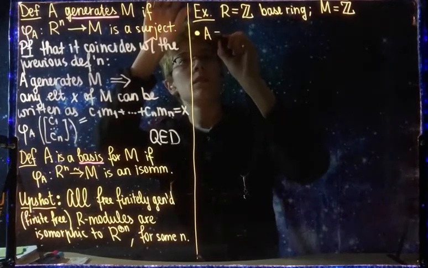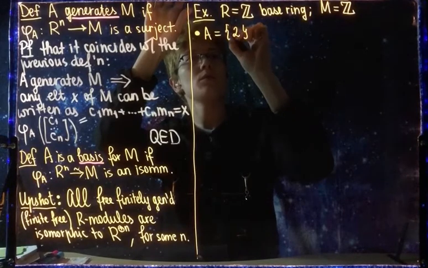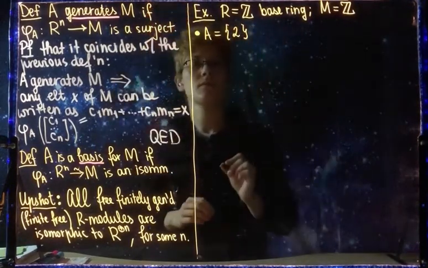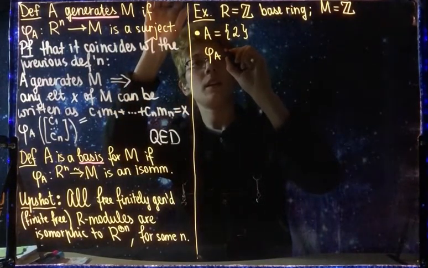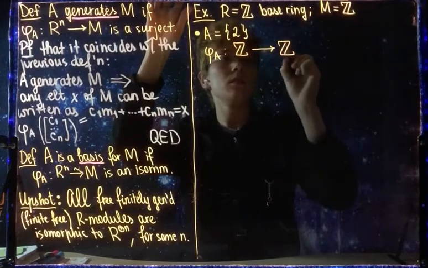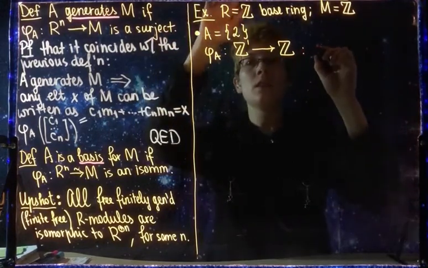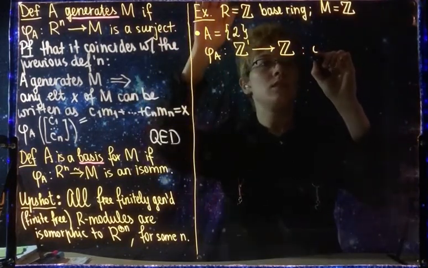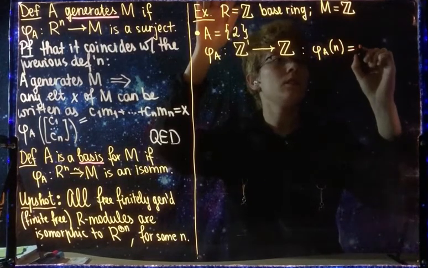Then I can take A equal to the set consisting of just 2. And in this case, phi A goes from Z to Z because we only have one element, so here we take Z to the first power, and phi A of an element n is equal to 2n.